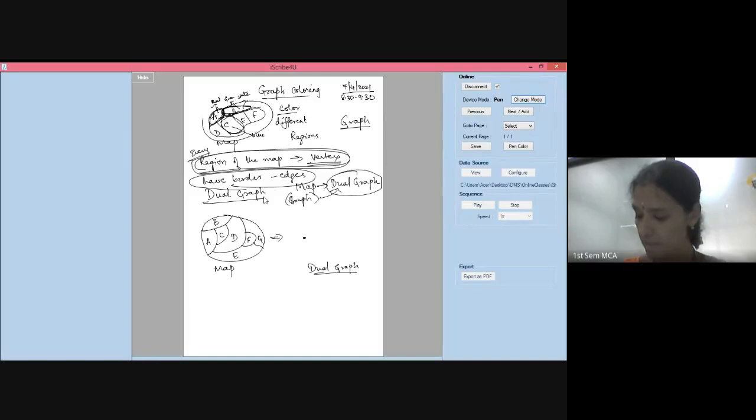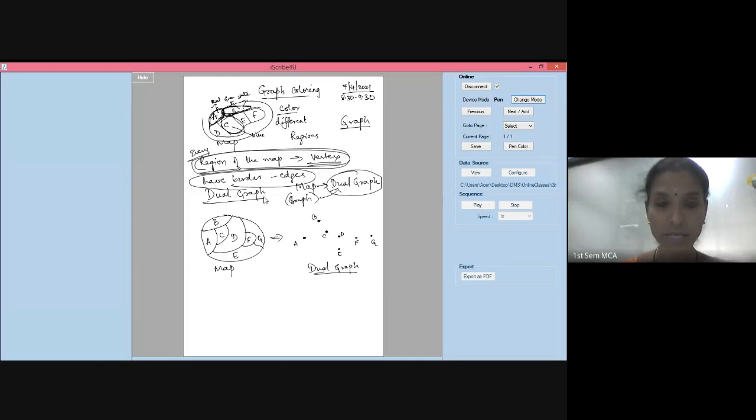This is A, this is B, then I have C, D, E, F, G. Wherever is a region, accordingly, I have taken the vertex also so that I am not confused. All right, these are my vertices.